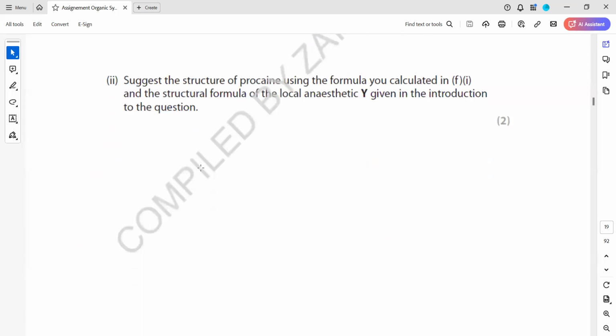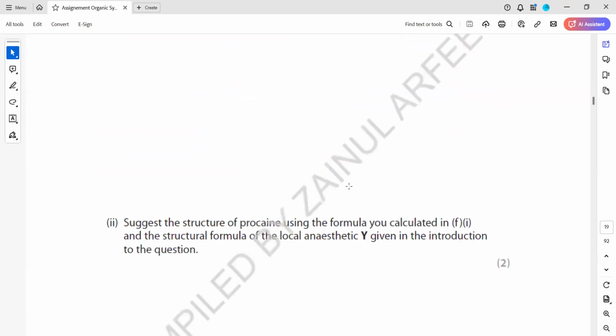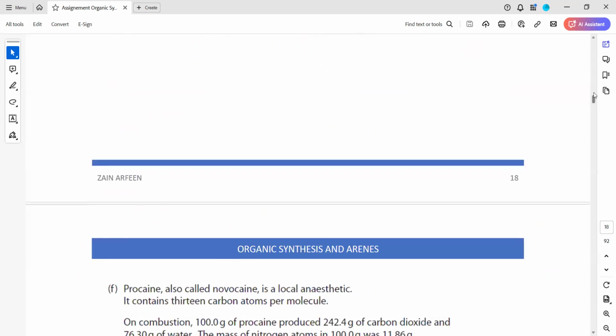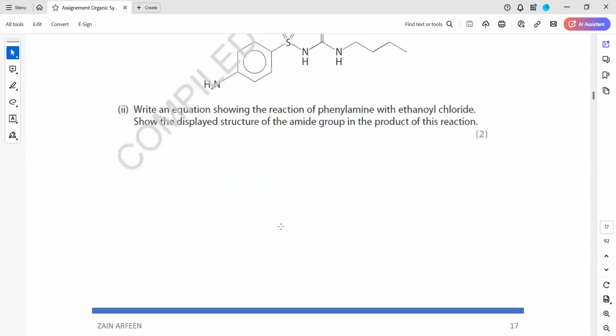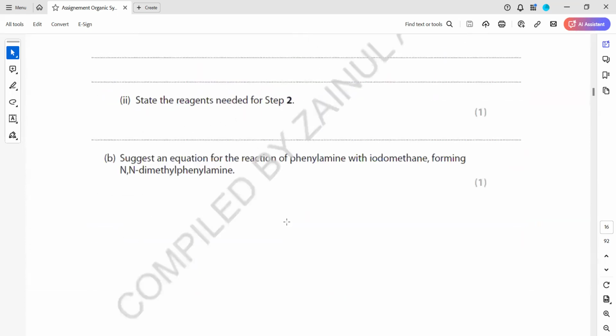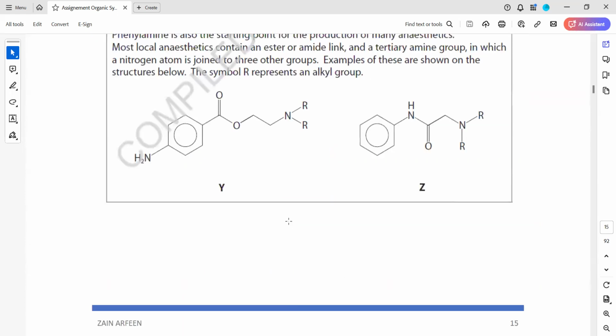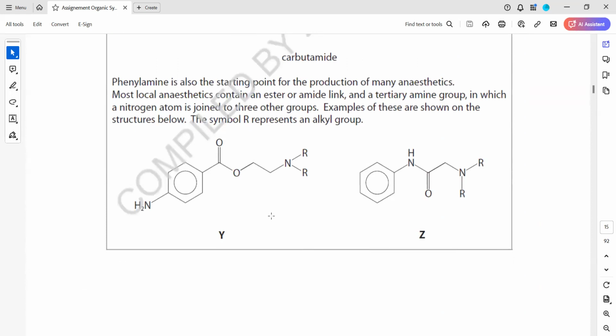Then there's a structure using the formula you calculated, and the structural formula of the local anesthetic Y. It is given in the beginning of the question, the structure of Y. So this one is given to us.